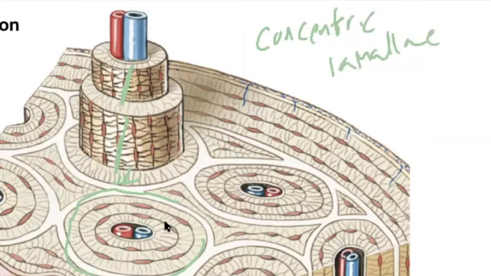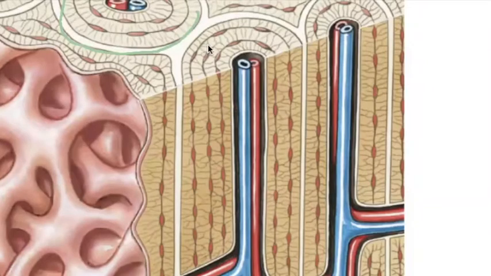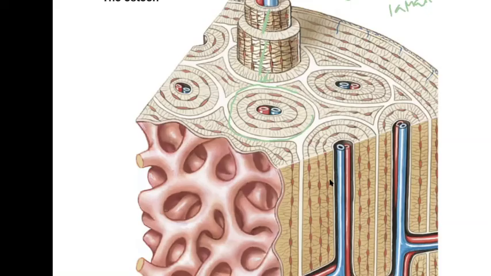Lamella means layers. They're concentric layers. So you've got these 3 or 4 layers forming these osteons, like these rings, like a tree ring, right? And they're running all the way down, these big rods running longitudinally that are like densely packed beams providing the rigidity and strength of the bone right here.